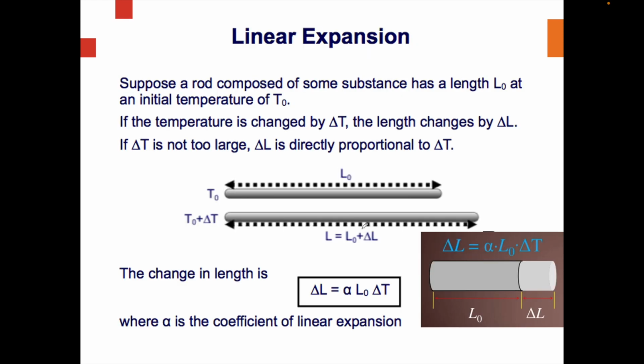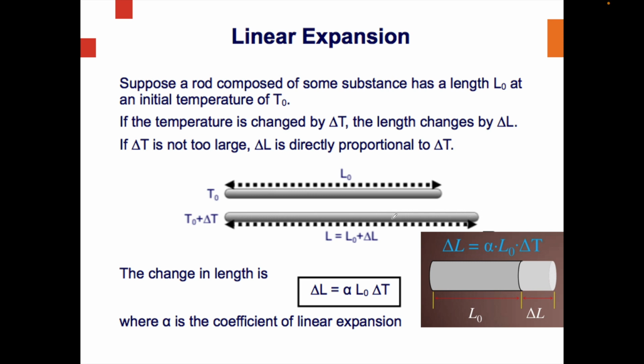So a rule that we need to use is the linear expansion formula. If you had a rod, just a long piece of wire or metal, it has a starting length, L0, and a starting temperature. You will change the temperature. So I'm going to increase the temperature, which means it's going to vibrate more, it's going to get bigger, and now I have increased my length.